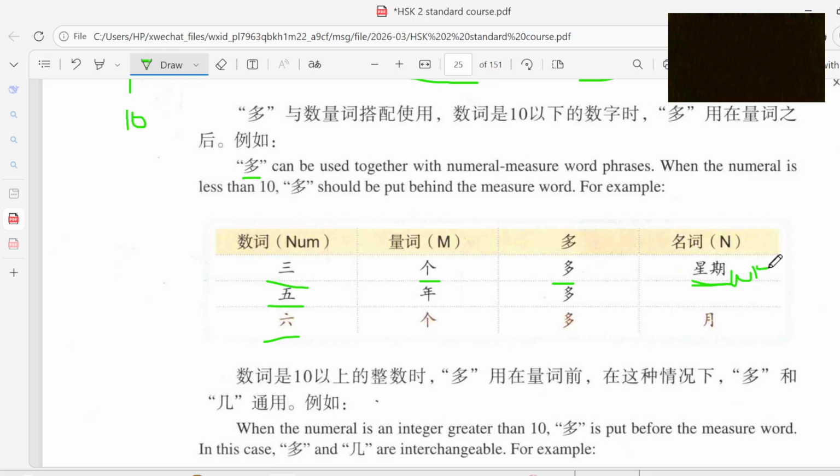It means 3个多星期, 3 weeks and so. 5年多 is 5 years and so. 第二个多月.